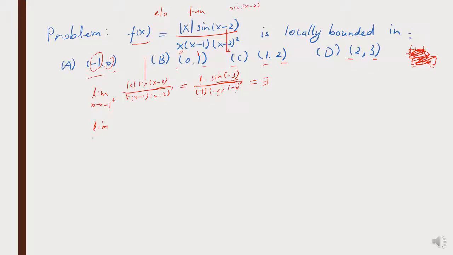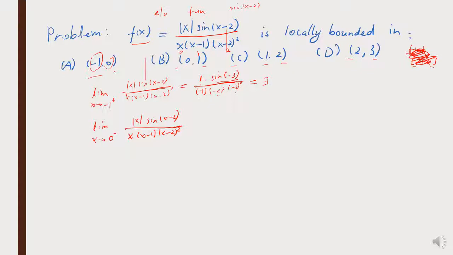When x is approaching 0 from the left, the reason I repeat writing this is that I always mention direction when x is approaching a certain point.